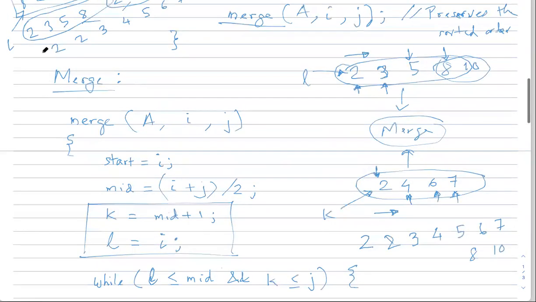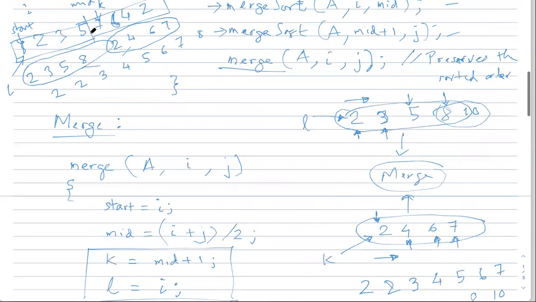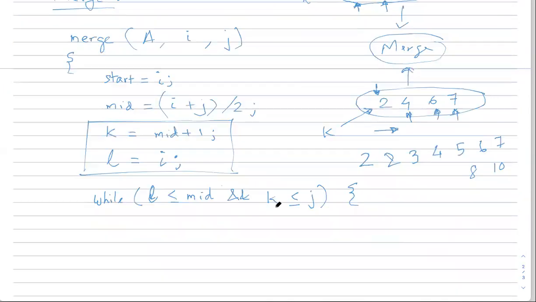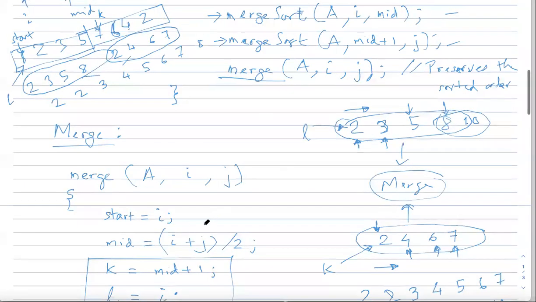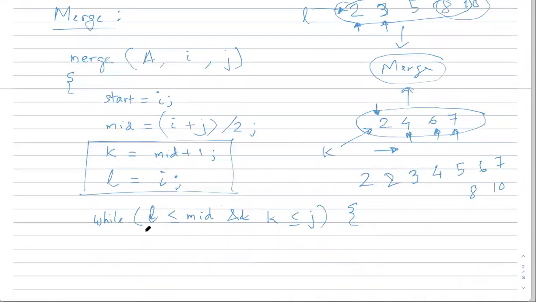So you want L to go from I to mid, right? And you want k to go until j, right? So that's why you have set this up. And then you have if a of L is less than equal to a of k.